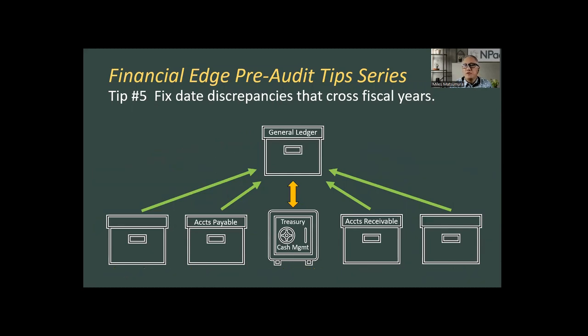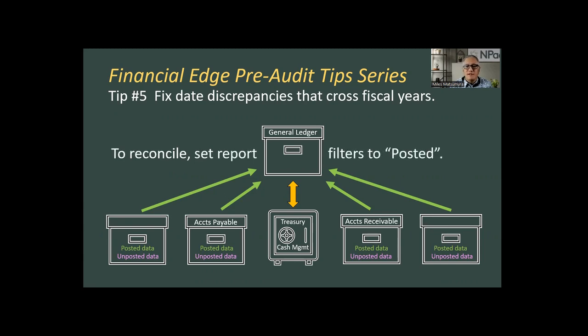Getting back to post statuses report filters. All modules except the general ledger contain both posted and unposted data. That means to reconcile, you must set your report filters to posted. And this is a common error because those module reports are set to all data.